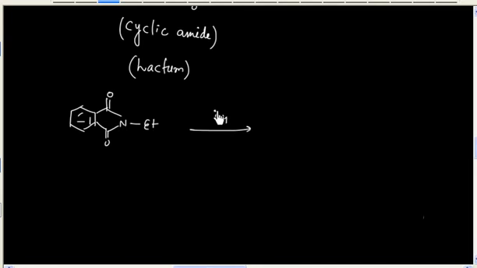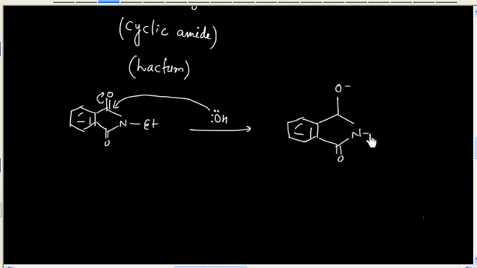In the first step, OH minus will act as a nucleophile and it will attack on the carbonyl carbon, and we will have a tetrahedral intermediate. So this is the tetrahedral intermediate.